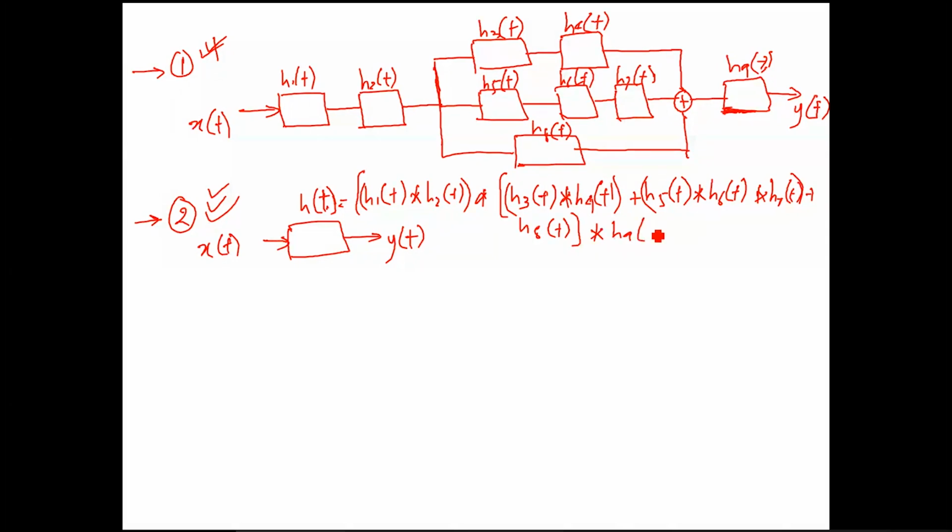So we just do convolution one by one and end up getting our final result, which will be your H of t, and this will be a single system.